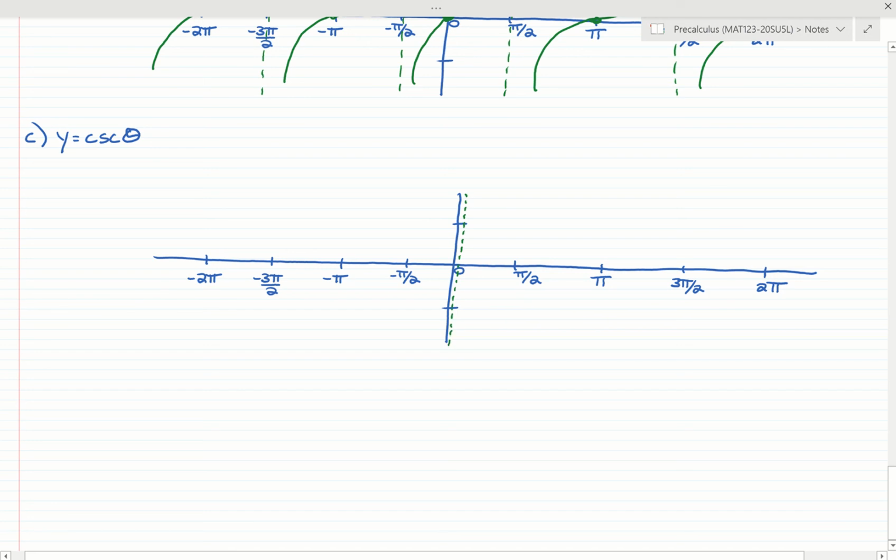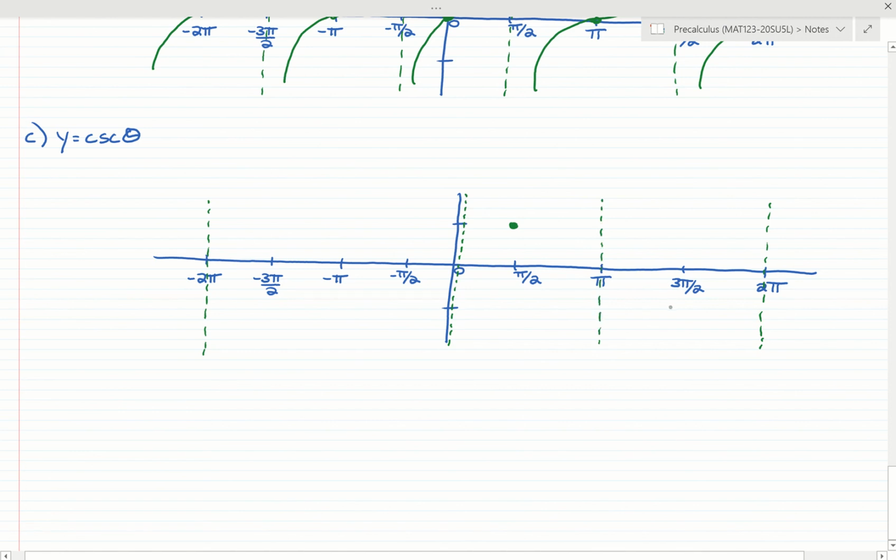Cosecant has a period of 360 degrees. So 360 degrees before and after, or 2 pi radians before and after, it will also be undefined. If you remember, sine of 90 was 1. The reciprocal would be 1. Sine of 180 degrees was 0, so it's undefined.